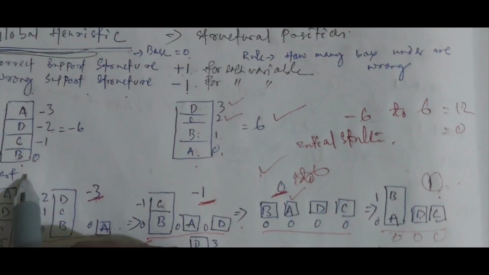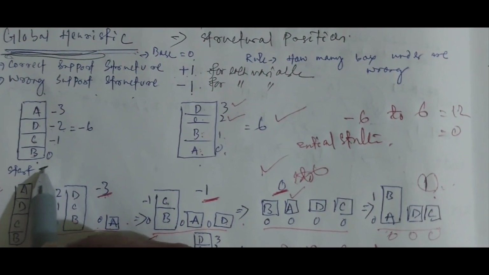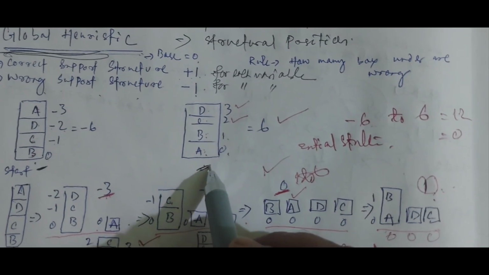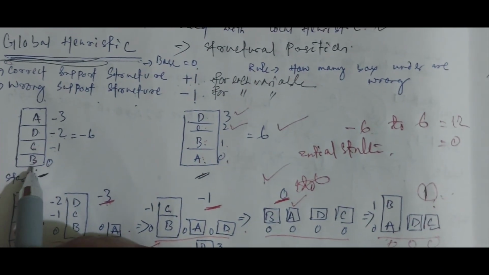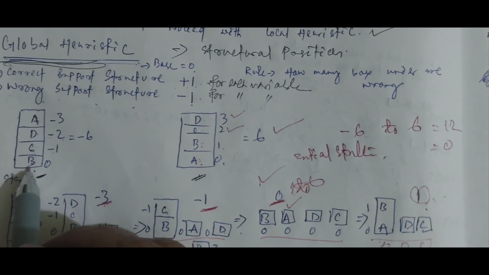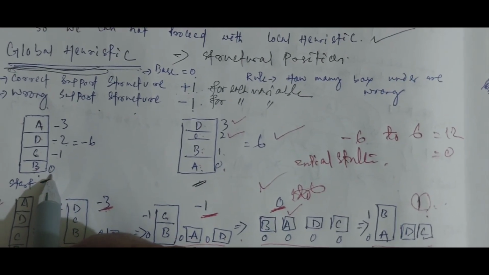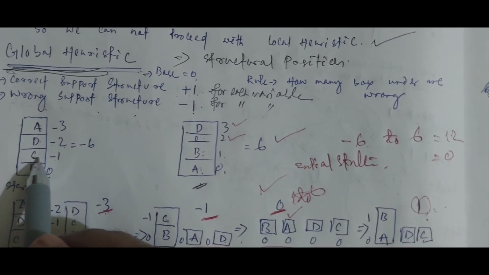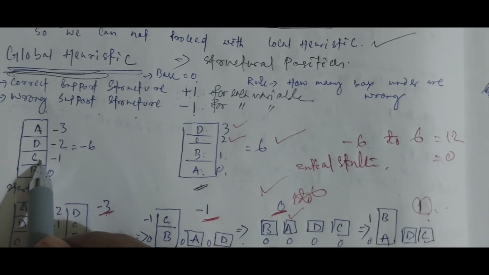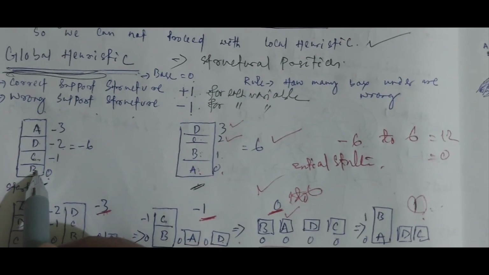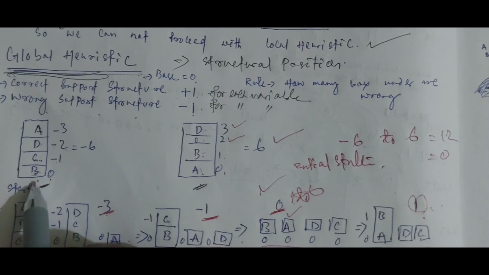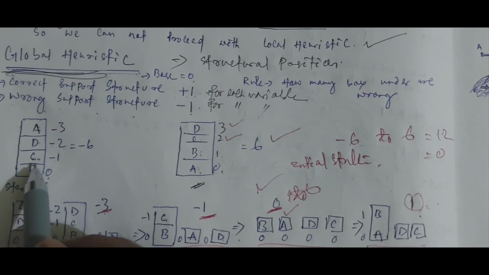So this is the initial state, and this is the goal state. As per this principle, BCDA is the initial state, and the base position will be valued at 0. C is not at the right position because C is above B, and B is above A. Because A is not here, how many variables are under C?